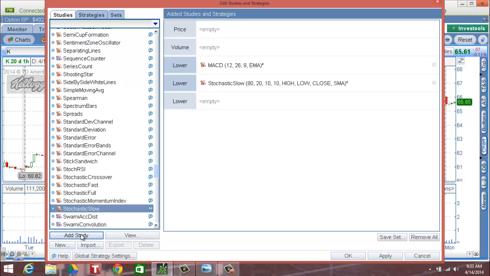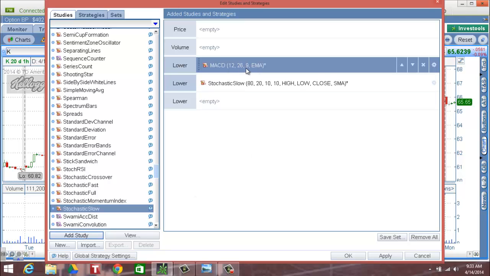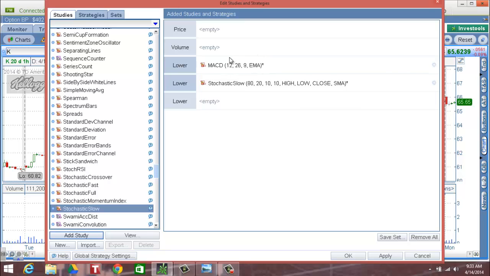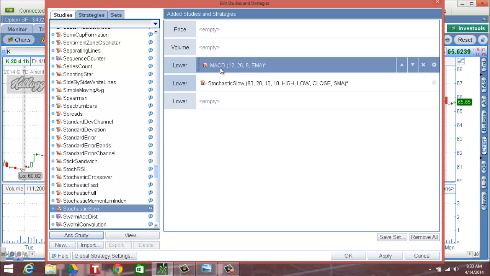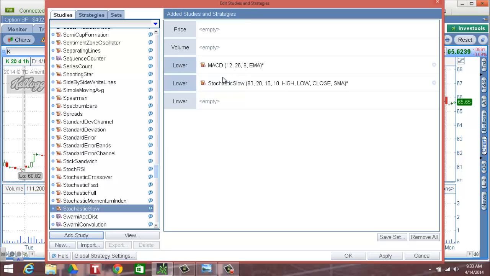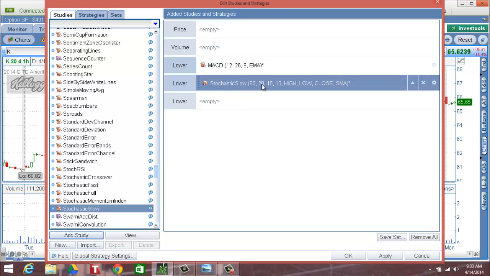We click add. Okay, and as you can see, it's already defaulted to some good numbers here. The MACD is at 12, 26, 9 EMA, and the stochastics is at 8, 20, 10 and 10, high, low, close, SMA.